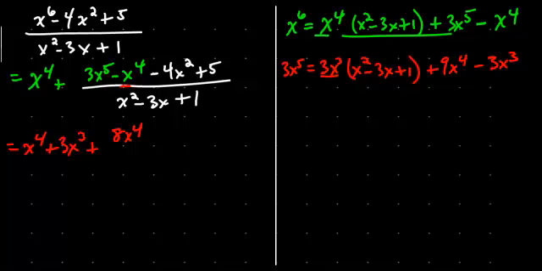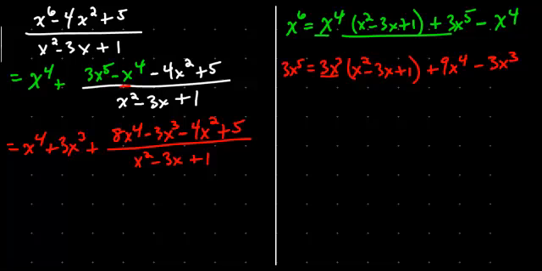I don't have one of those. Plus, oops, and then minus 4x squared plus 5 all divided by x squared minus 3x plus 1.